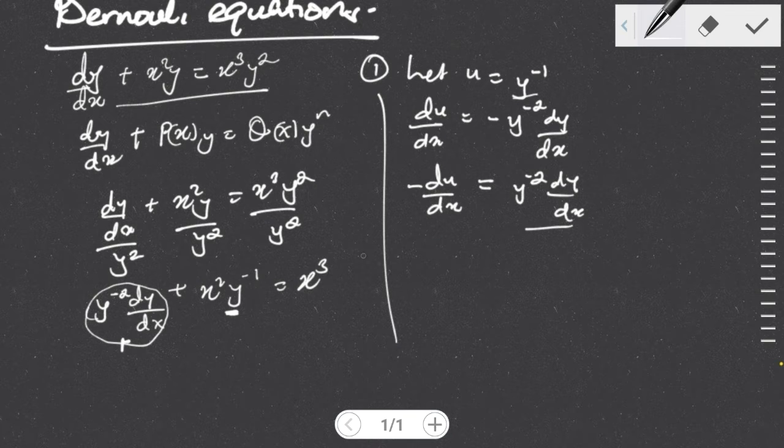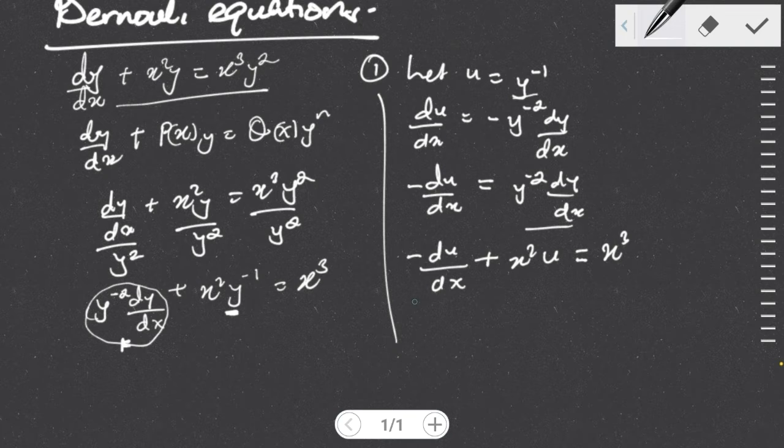So I have negative du/dx, then for y to power -1 I substitute u, so plus x squared u, equals x cubed.